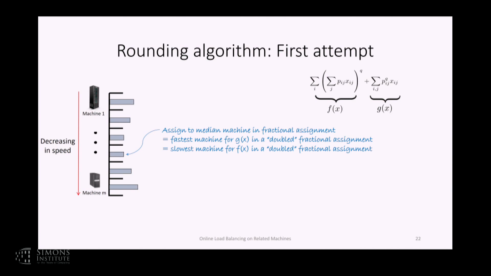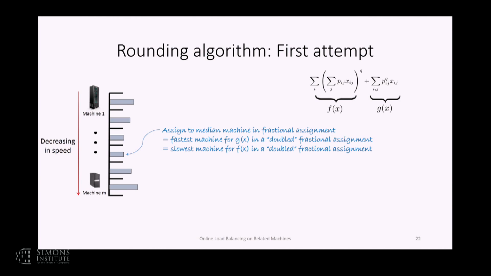I claim that if I always assign to the median, then I'm always good at least on the second term in this objective. Why? Because half my job has been assigned to slower machines by my fractional assignment, and the slower machines have a larger value for gx, irrespective of what's happened with the other jobs in my system. So as far as gx is concerned, I'm always good if I assign to the median.